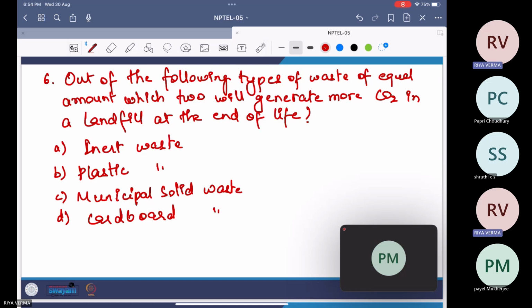Options are inert waste, plastic waste, municipal solid waste, and cardboard waste.